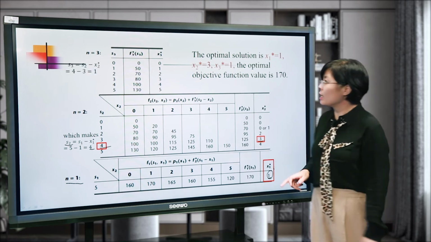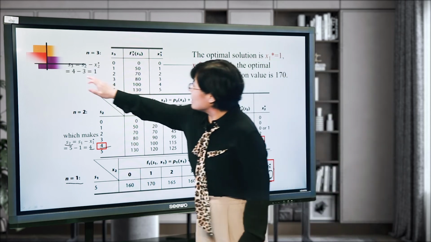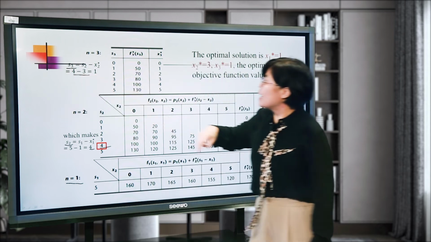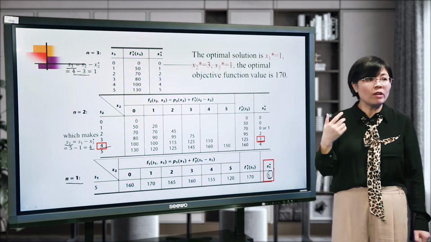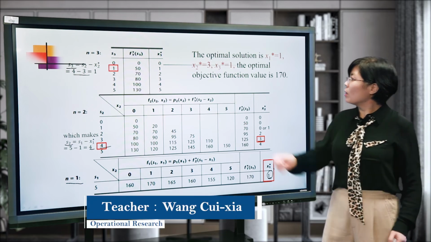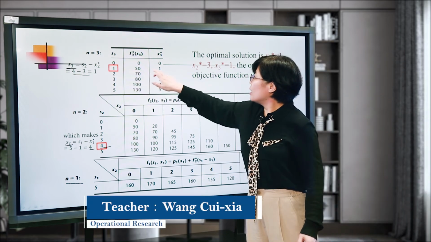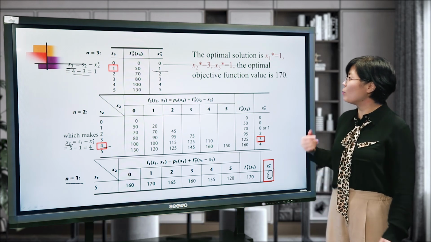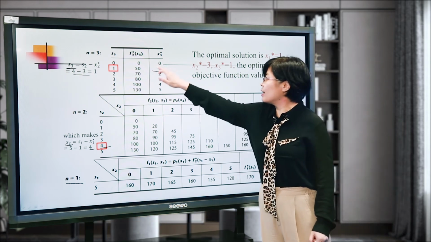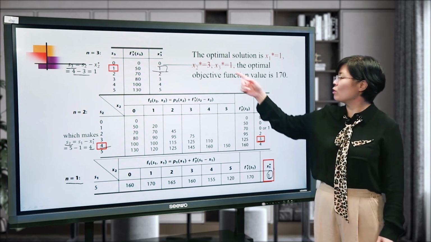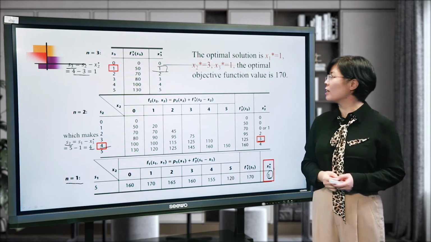Then the state S3 will be 4 minus 3, so only 1 team is left. We look at this row. The optimal decision is to give that team to the third country.